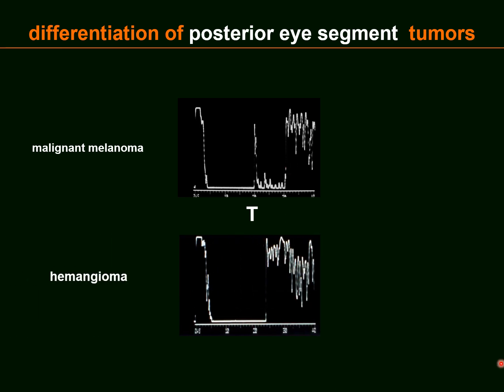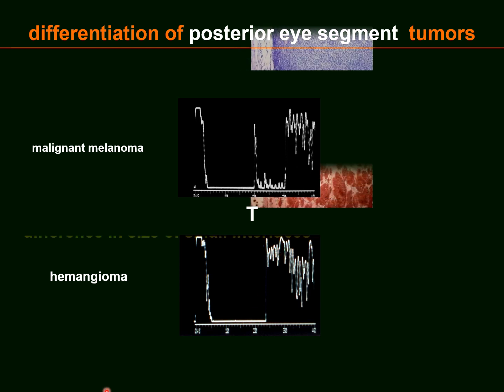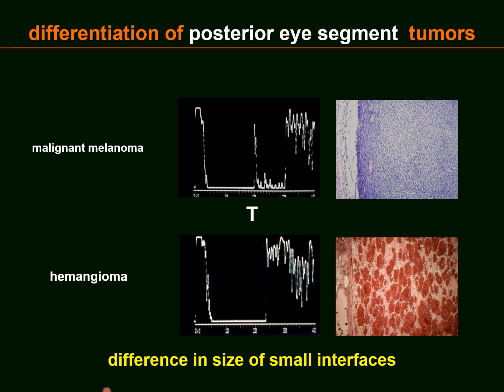And here we have a hemangioma of the choroid. Quite a high reflectivity. And the explanation histologically is the small interfaces of the malignant melanoma versus the much larger interfaces, the septa of the structures of this hemangioma.